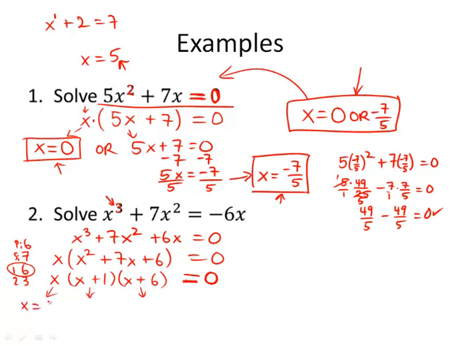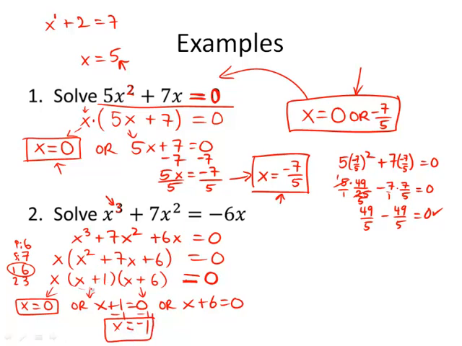Okay, so x equals 0, or x plus 1 equals 0, or x plus 6 equals 0. X equals 0, sure, if you plug that in, it would make it 0, great. Take away 1, you get x equals negative 1.